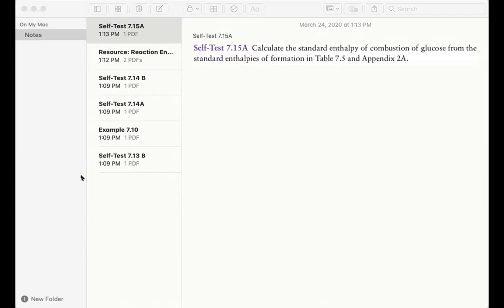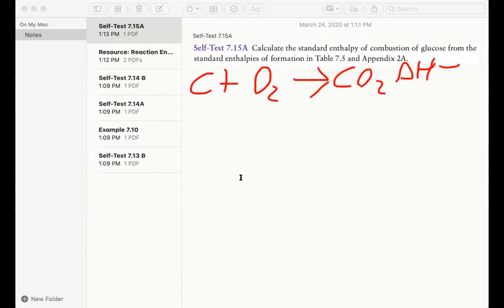So the enthalpy of formation of carbon dioxide is negative 393.5 kilojoules per mole. I'm going to put that on the board. To form carbon dioxide, you're going to have carbon plus O2 yields CO2, and delta H equals negative 394 kilojoules for that reaction.